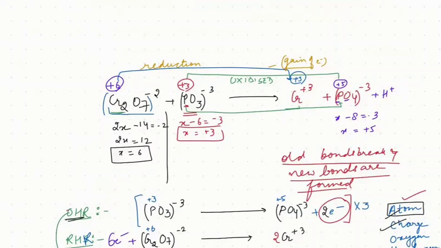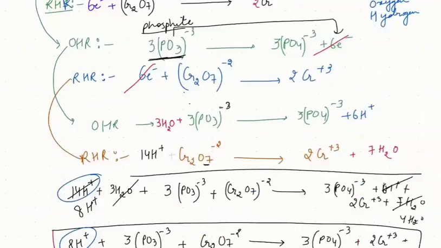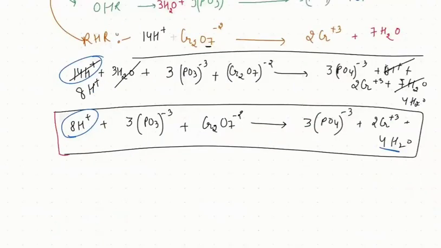And this reaction would be feasible or carried out in an acidic medium. That's the only purpose of writing down H+ in the equation. Nothing else. You got my point? Yeah. Right? Any doubts in this? So that's how you balance a chemical equation in the acidic medium. Right? That's the basic method.